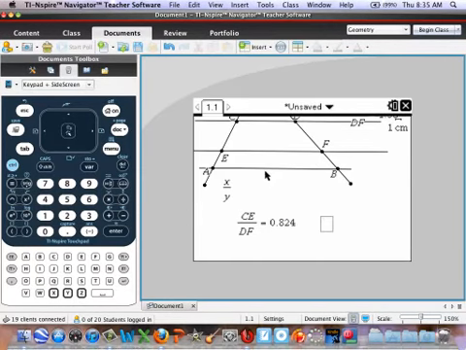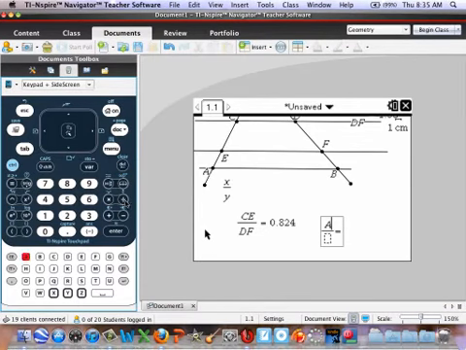And then if we do AE over BF, I guess that's not going to put it into a fraction, so let's do that ourselves.